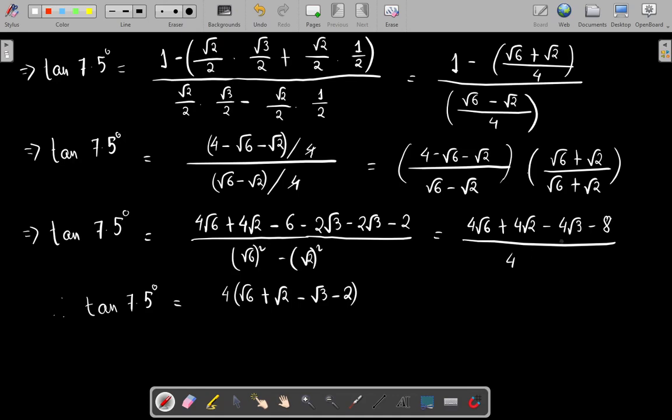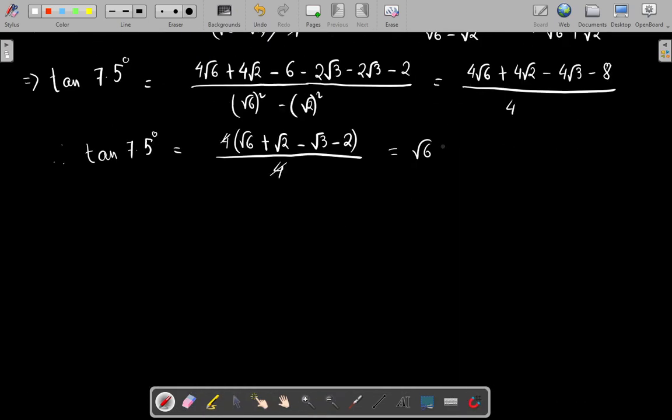We have taken 4 common from the numerator, and we have a 4 in the denominator, so we can cancel this. Finally we are left with root 6 minus root 3 plus root 2 minus 2, which is what we had to show. So we have completed it. We have proved the sum.